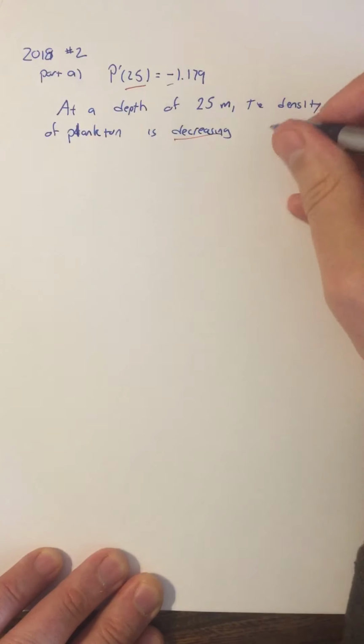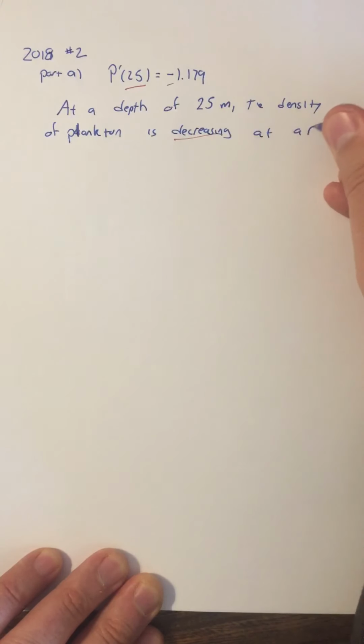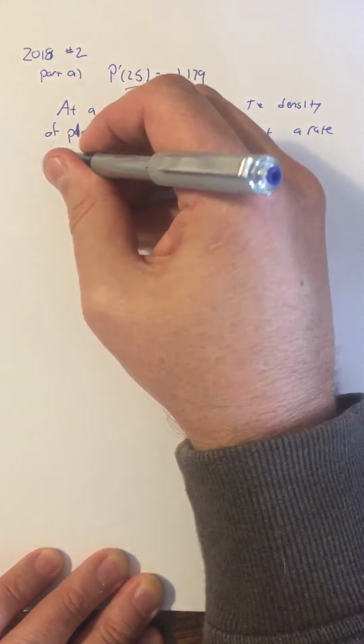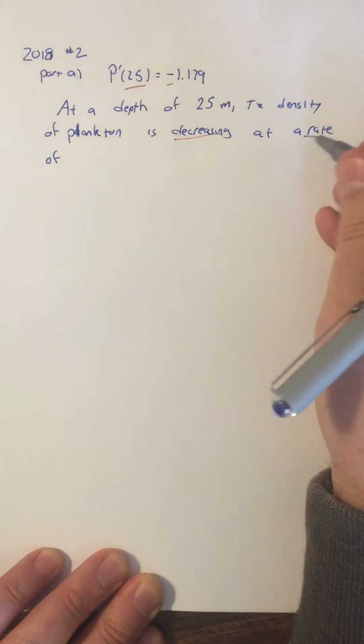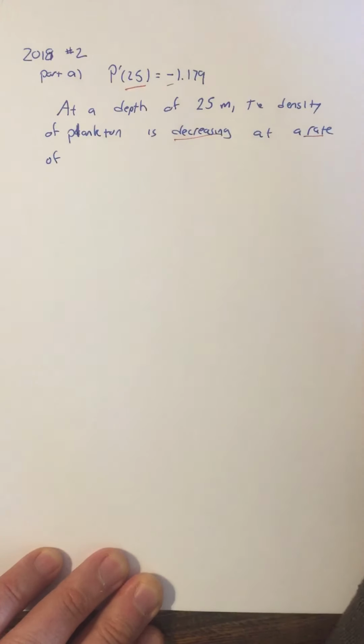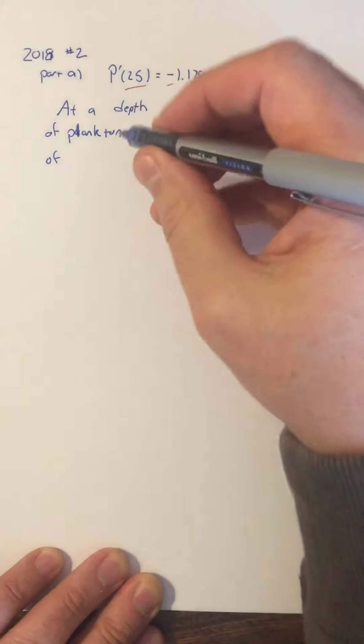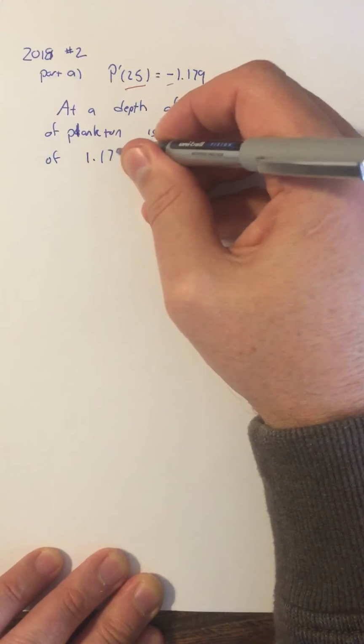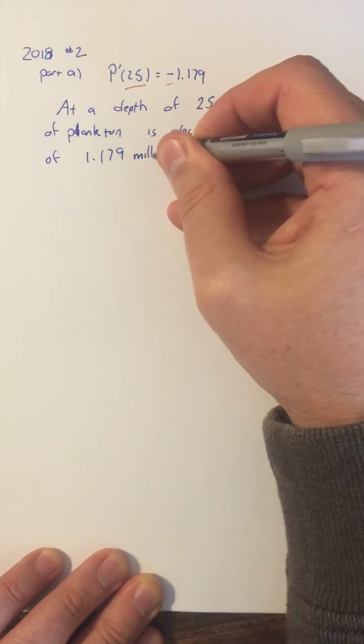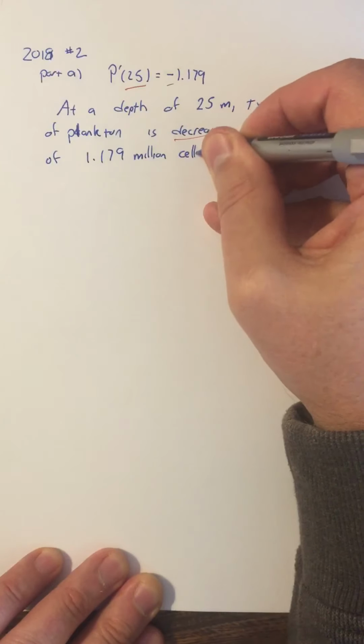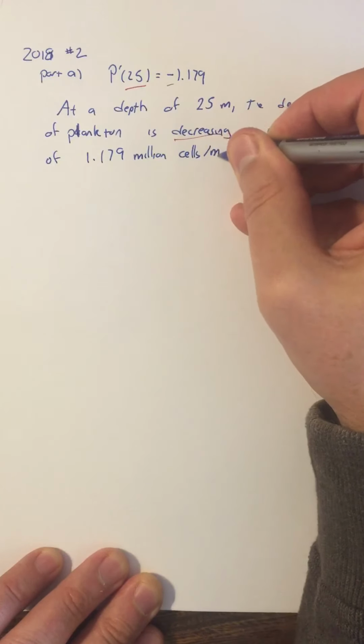We want to say decreasing because p prime is negative, at a rate of, and we want to make sure we use the word rate because we're showing that we understand what a derivative is. It's the rate of change. 1.179 million cells per cubic meter.